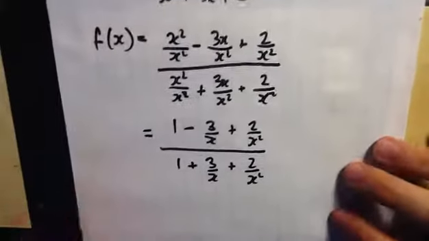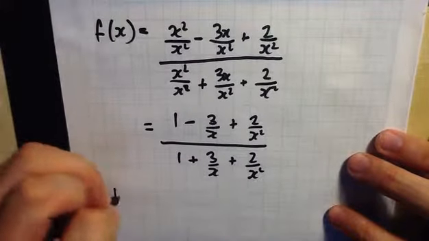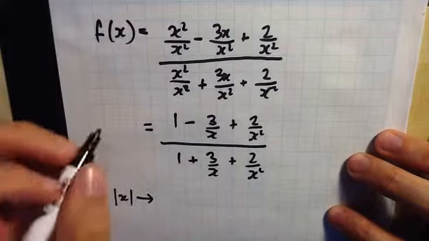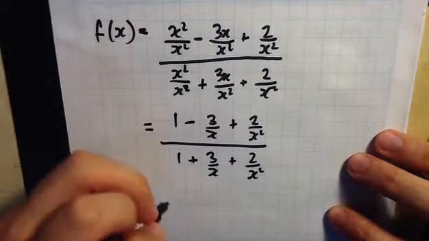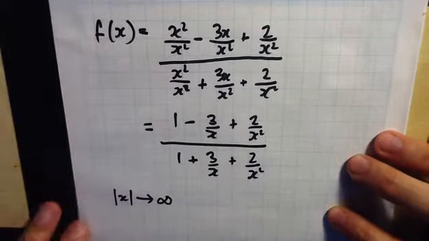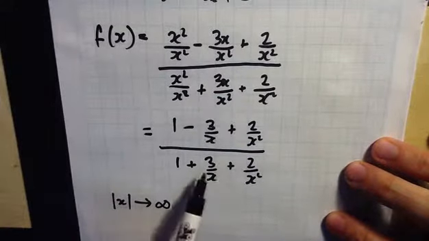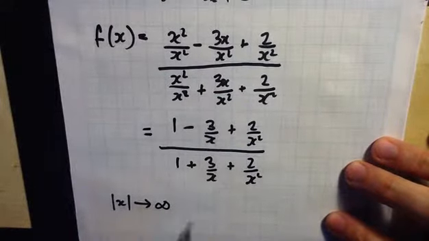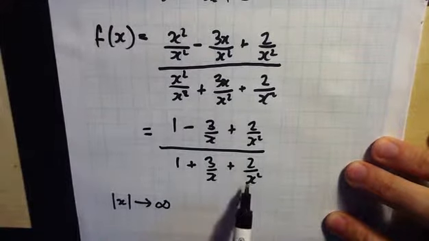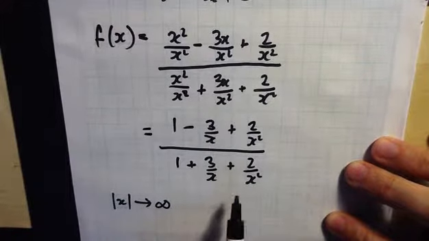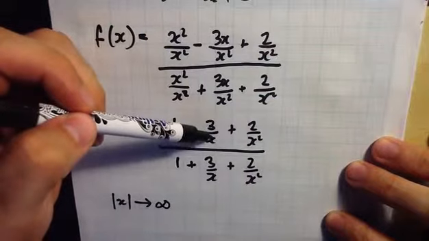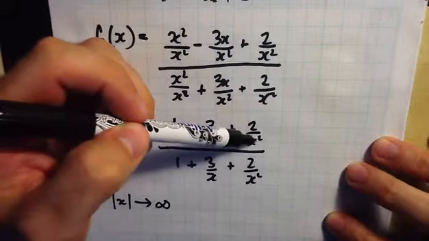Now I do the check: how does the function behave as the modulus of x approaches infinity? As modulus x approaches infinity, you can see this number will get very small, this number will be very small, this number would become very small, and this number would become very small.